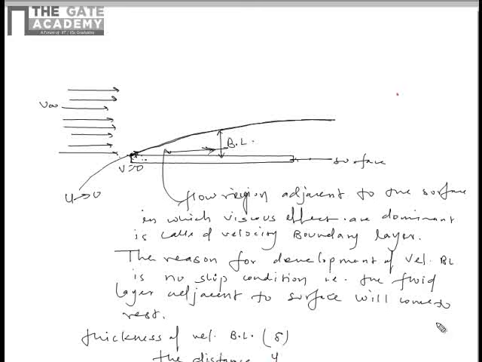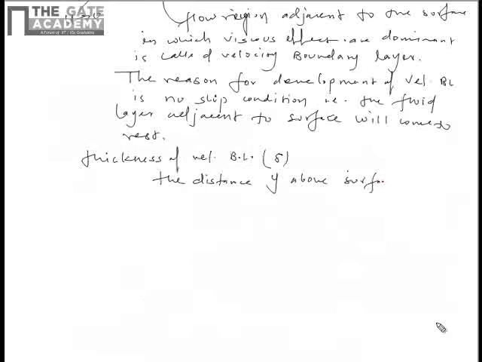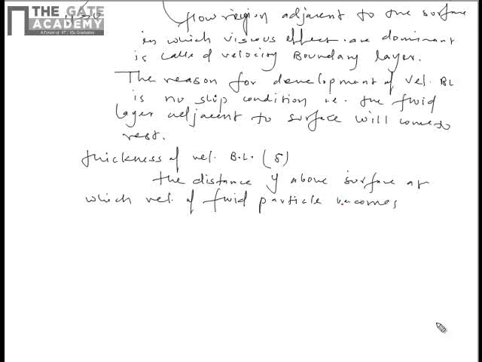If we say this is our y and this is x, it is defined as the distance y above the surface at which the velocity of the fluid particle becomes 0.99 of the free stream velocity.